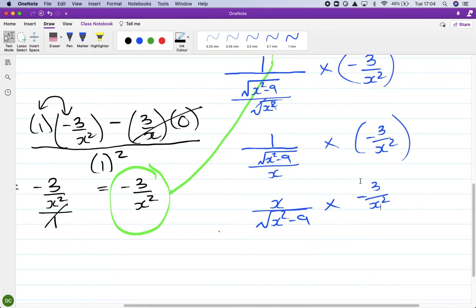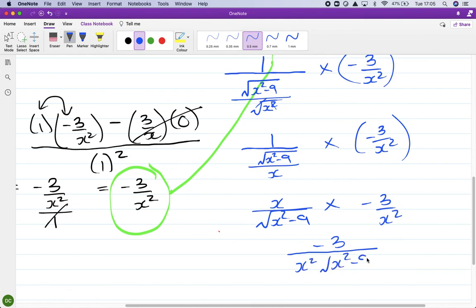Okay. Minus 3 over x squared. Okay, so multiplying fractions top by top, bottom by bottom, we get minus 3 over x squared by the square root of x squared minus 9. Sorry. So top by top is minus 3 by x, which is minus 3x.